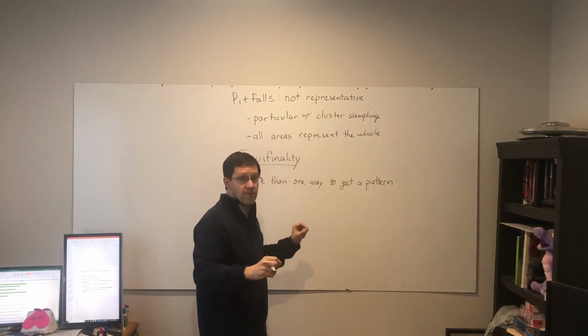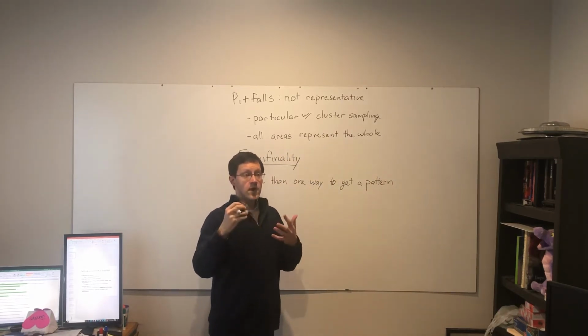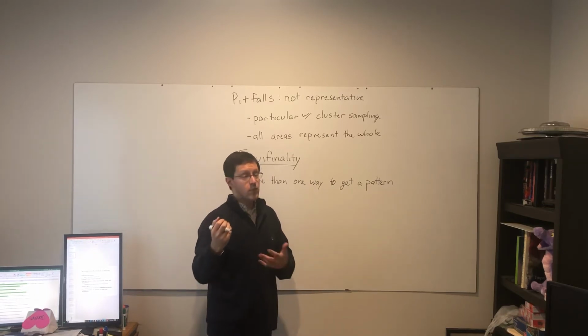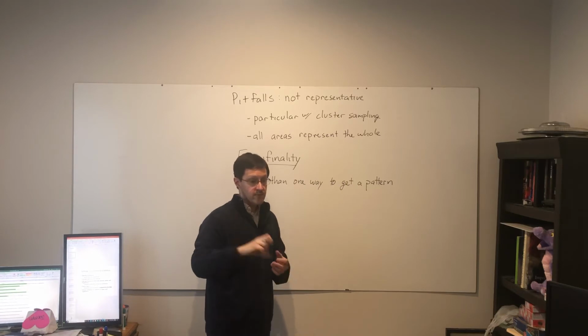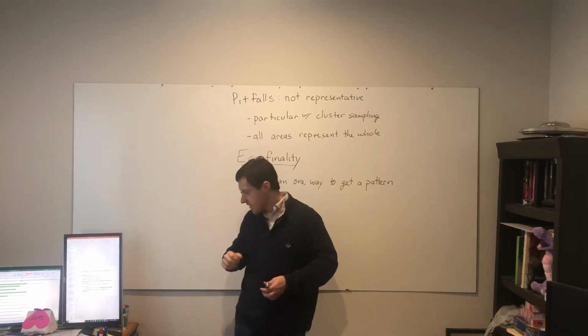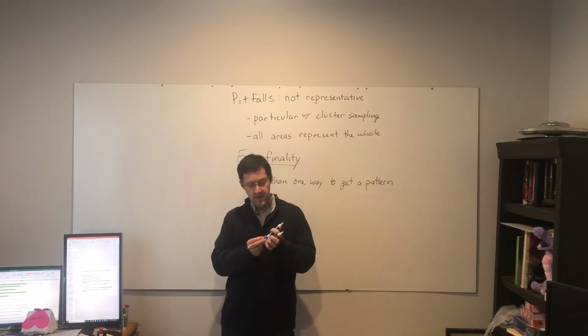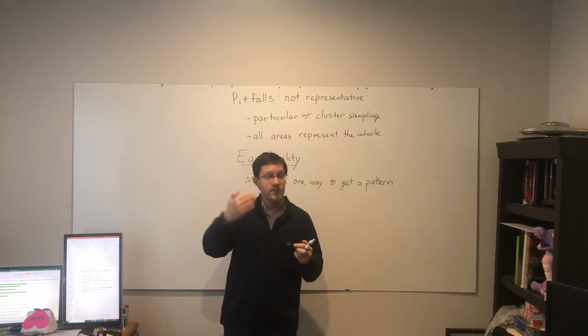It is something called equifinality. So if I look at a spatial pattern, and I want to understand what could have caused that, well, we can look at, say, a pattern of disease cases.